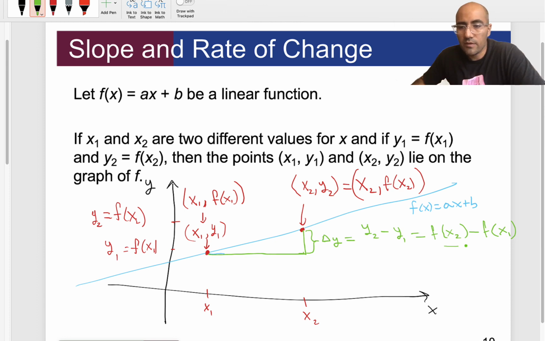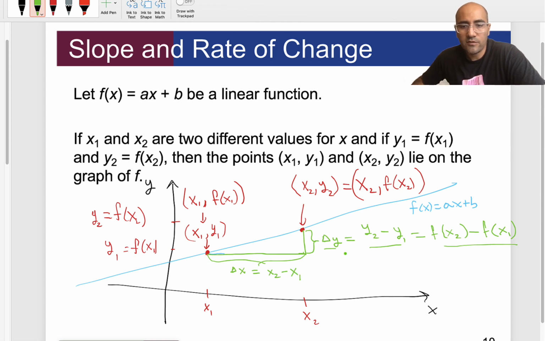So whether you describe it this way, or this way, or whether you just say delta y, they all mean the same thing, right? Change in the vertical direction. And then here, this little gap is either delta x, or you can also say it's x sub 2 minus x sub 1.